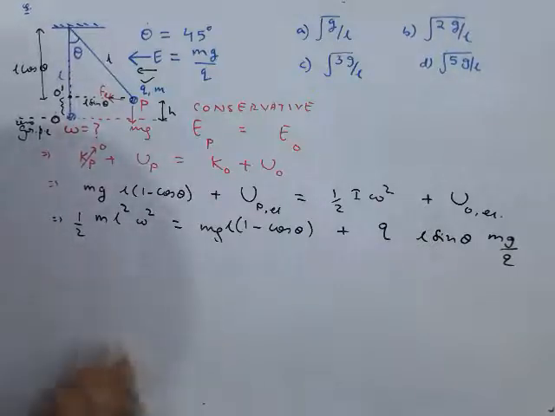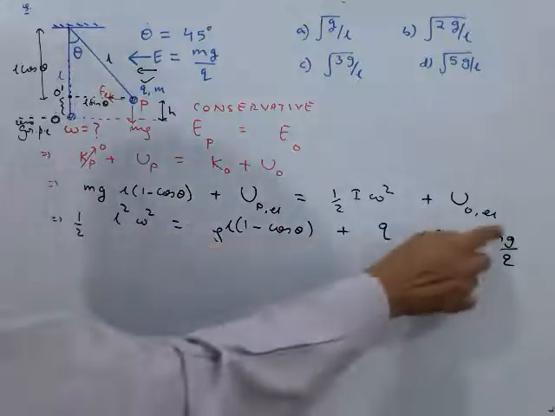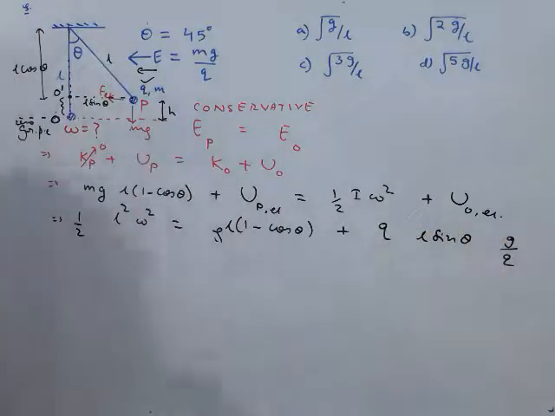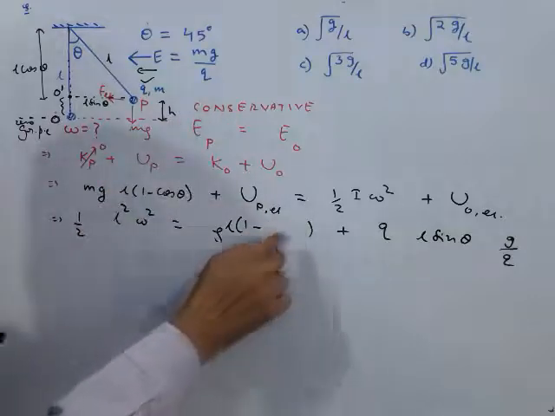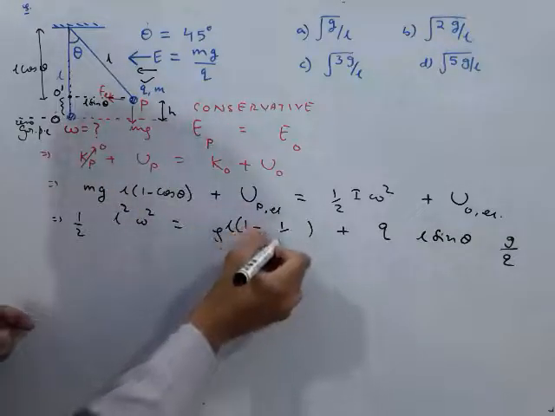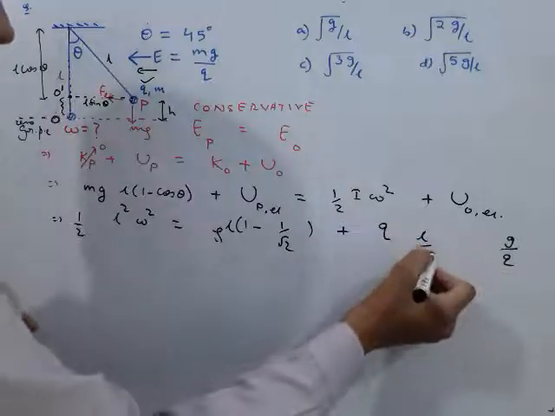What we have to find is omega. You see, m will cancel. Now theta is given as 45 degrees, so cos 45 becomes 1 by root 2, and sin 45 also becomes 1 by root 2.